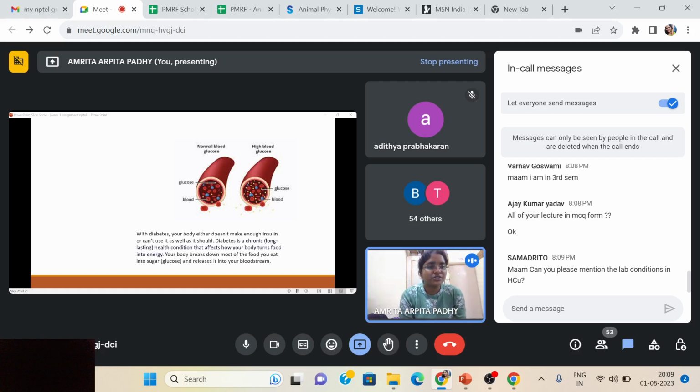Ma'am, can you please mention the lab conditions in HCU? Okay. Like it depends, right? From lab to lab, it differs. I am in Department of Animal Biology, and I can say my lab is pretty good. I'm working on proteins, proteasomal degradation, and what else? It depends on which lab you choose and what are the lab conditions.